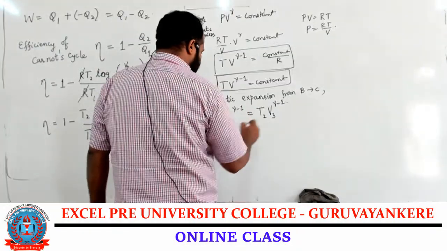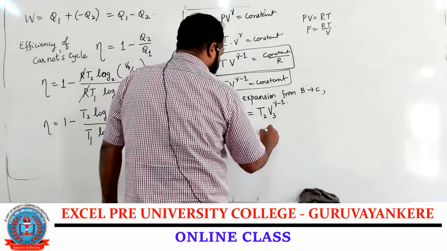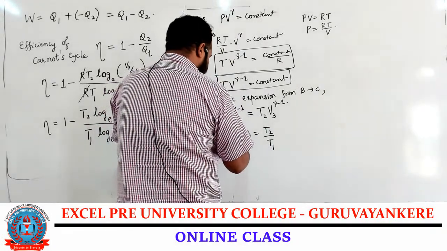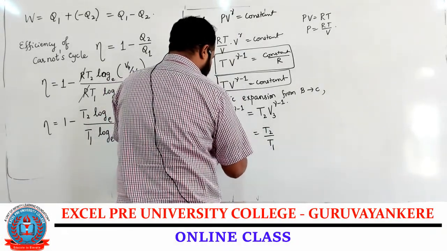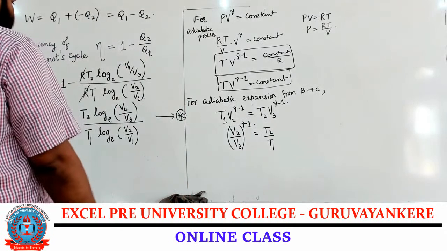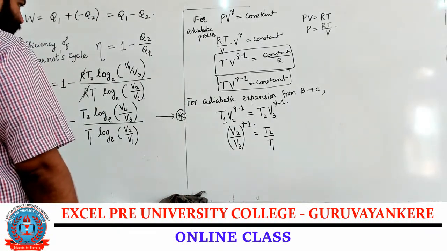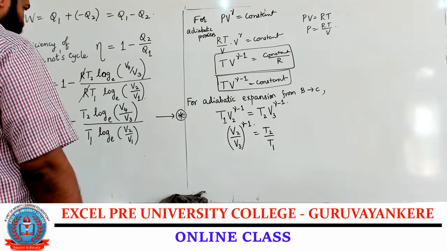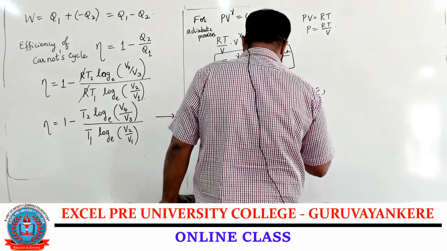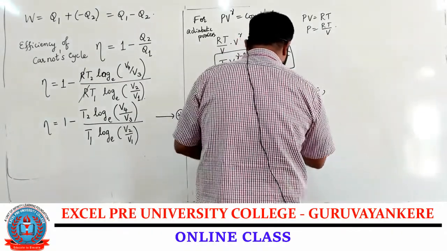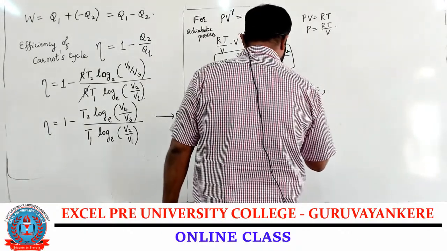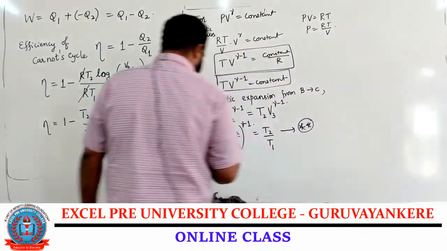If I take the ratio, T2 by T1 will be V2 by V3 to the power gamma minus 1. Please note this equation as double star.